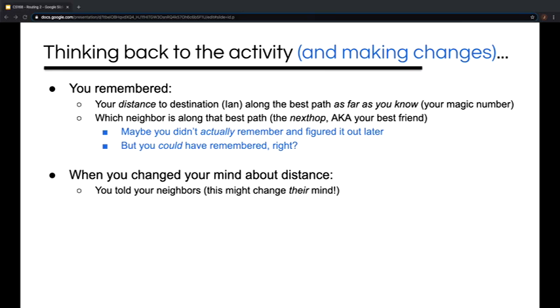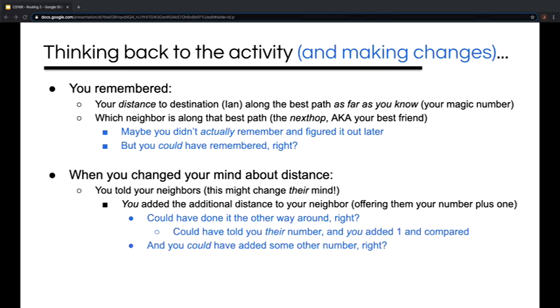So when you changed your mind about your distance, when you got a new number, you immediately told your neighbors, right? Because it might change their mind about what their best distance is. And you added the additional hop when you offered them the number. I had you take your number, add one, and offer it to the person next to you.